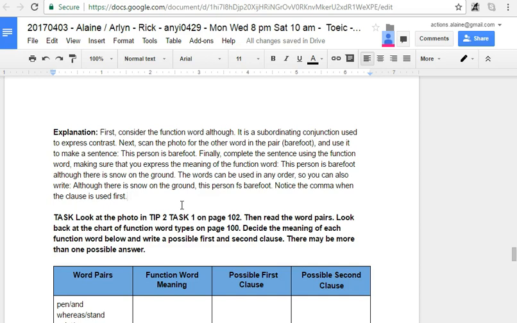The words can be used in any order, so you can also write, although there is snow on the ground, this person is barefoot. Notice the comma when the clause is used first. Very good. So again, it is a subordinating conjunction used to express contrast.